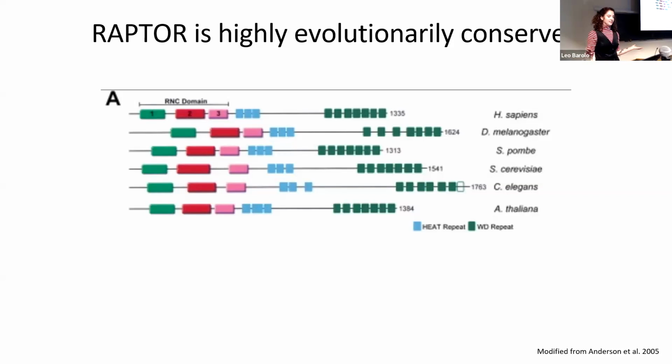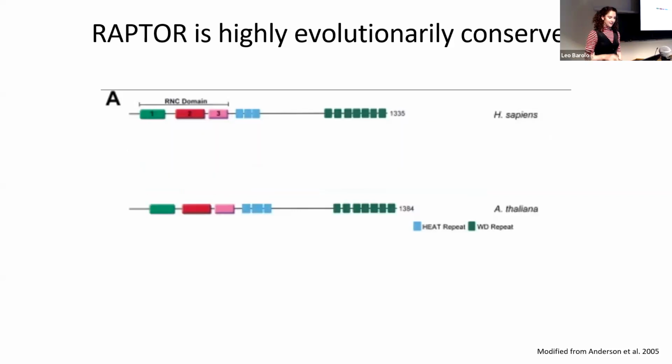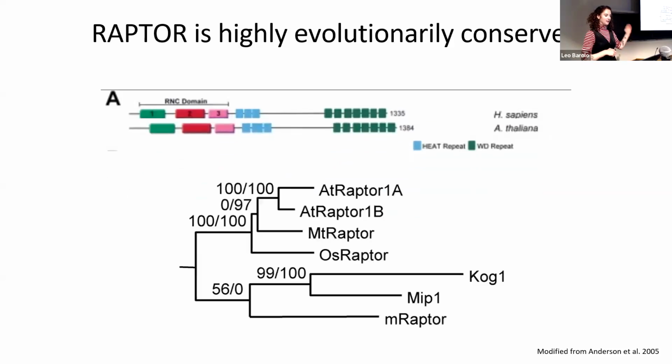And one of the reasons that I particularly like this diagram is that it shows how closely related the Raptor proteins are between humans and Arabidopsis. So one of the things that our lab does is sort of uses plants as a model system and relates that to human health.